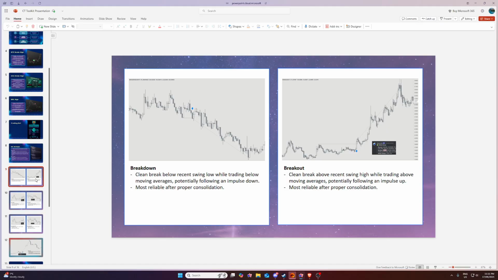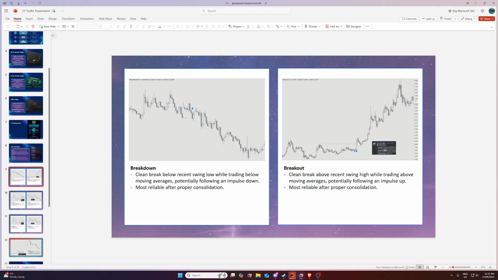Alright, so we have breakdown and breakout, which should be quite self-explanatory. But in terms of the technical definition, it's basically where price either breaks below or above a recent swing low or high, whilst also trading below or above moving averages.